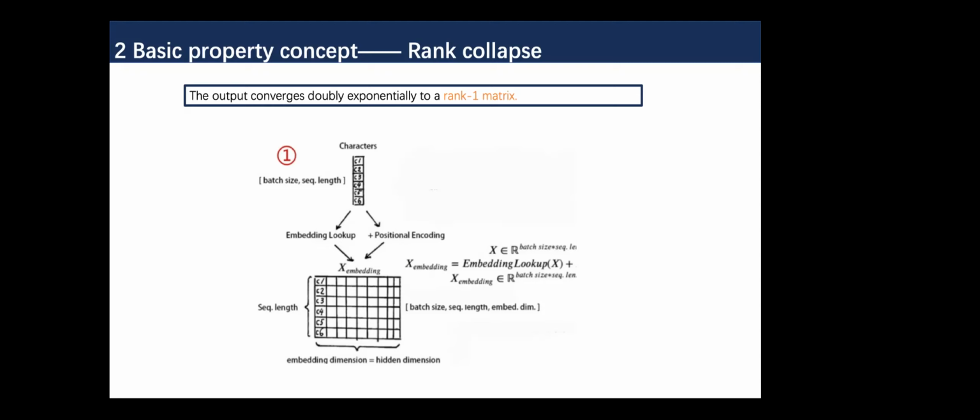It also means the feature vector of each word tends to be the same, so every word in the sentence will not have any weight. They are almost the same in the computer's eyes, right? So it's a really terrible phenomenon. The output converges doubly exponentially to rank 1, and we call this kind of rank 1 matrix rank collapse. This kind of rank 1 matrix doesn't make sense to us, so we try to avoid it.